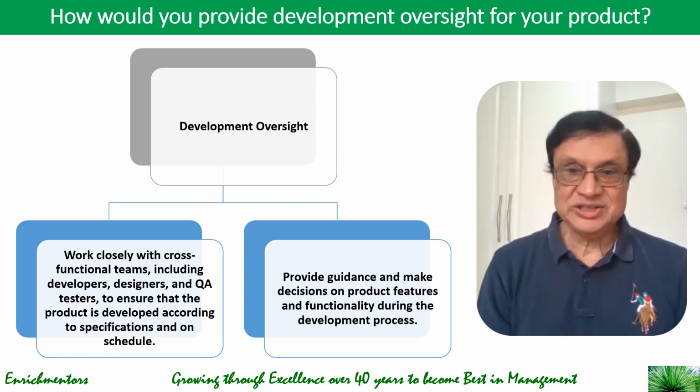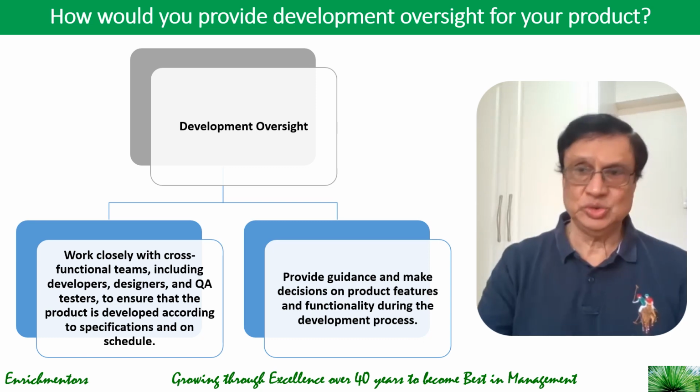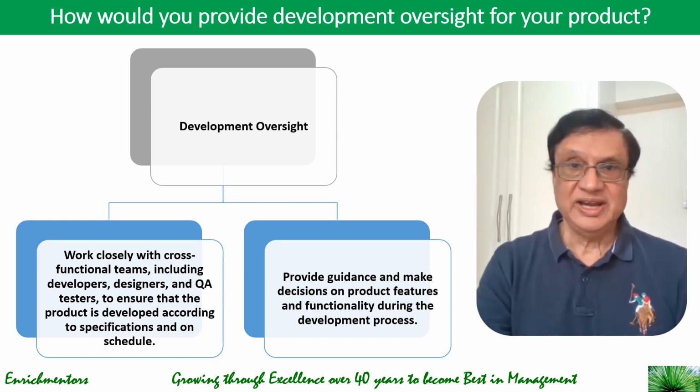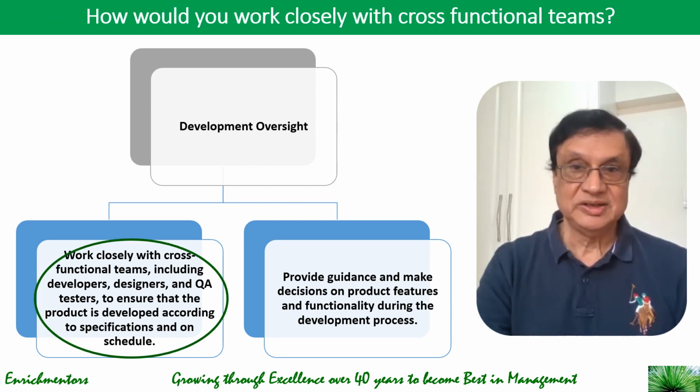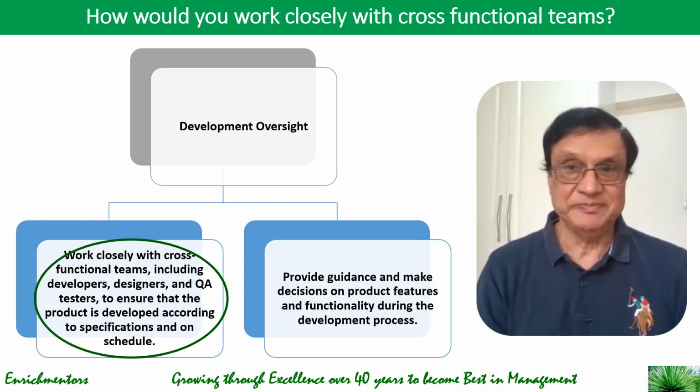The second thing is to then keep providing guidance and helping the team make decisions on product features and functionality during the entire development process. So these are the two things that you need to do as a product manager to provide development oversight for your product. Now, the question is, how would you work closely with your cross-functional teams?